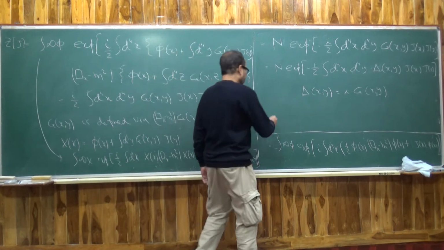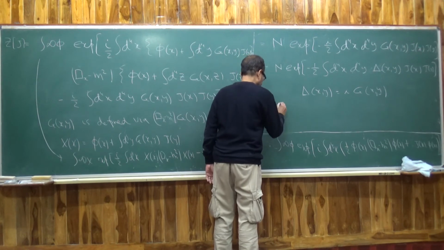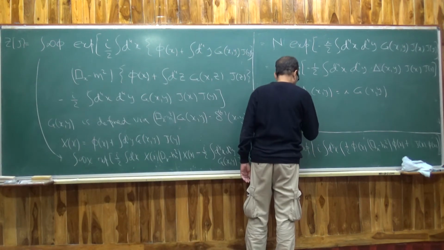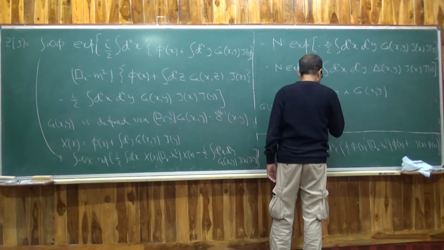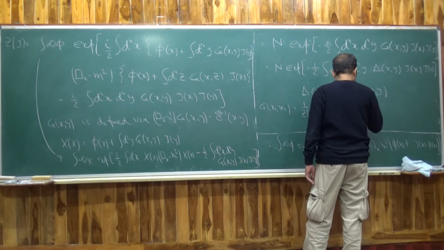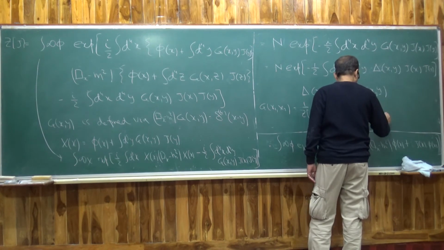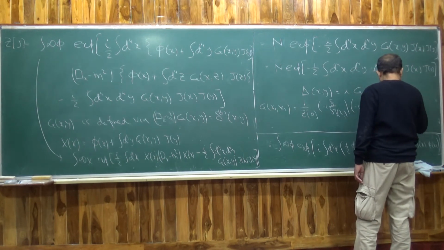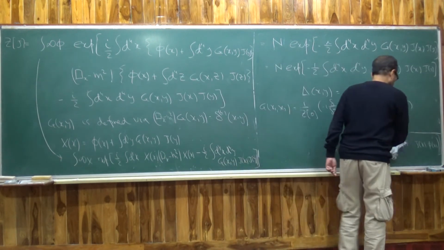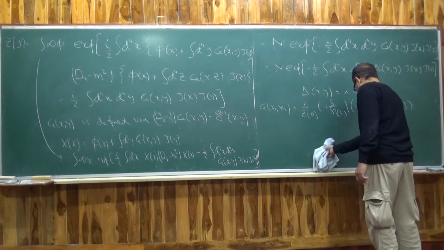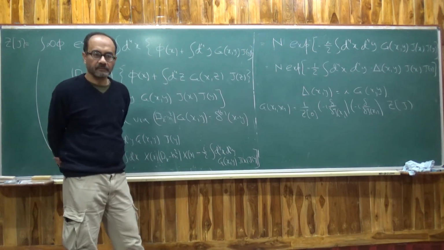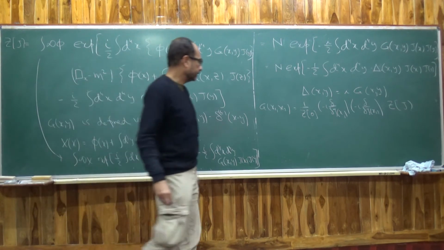For example, if you want to calculate g x1 x2, the 2-point function, this is given by 1 over z of 0 times minus i delta delta j of x1 times minus i delta delta j of x2 acting on z of j, at the end with j set to 0.